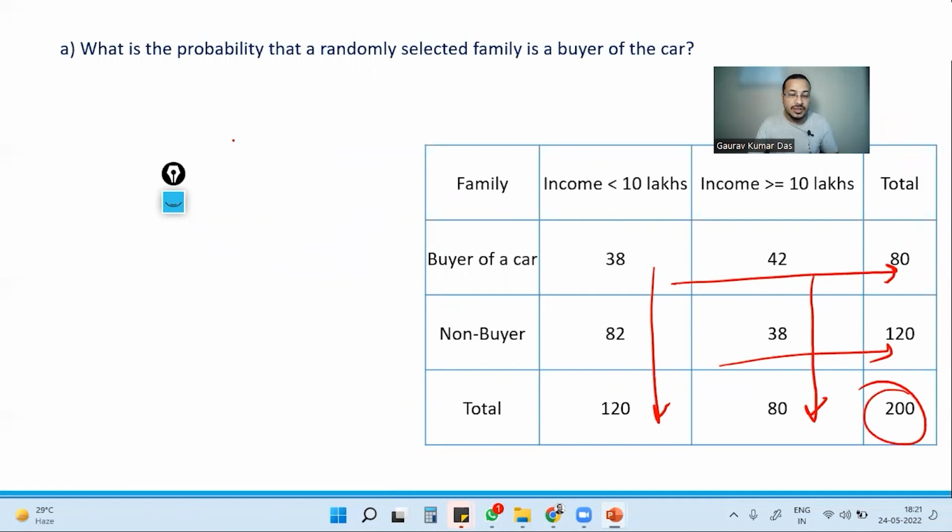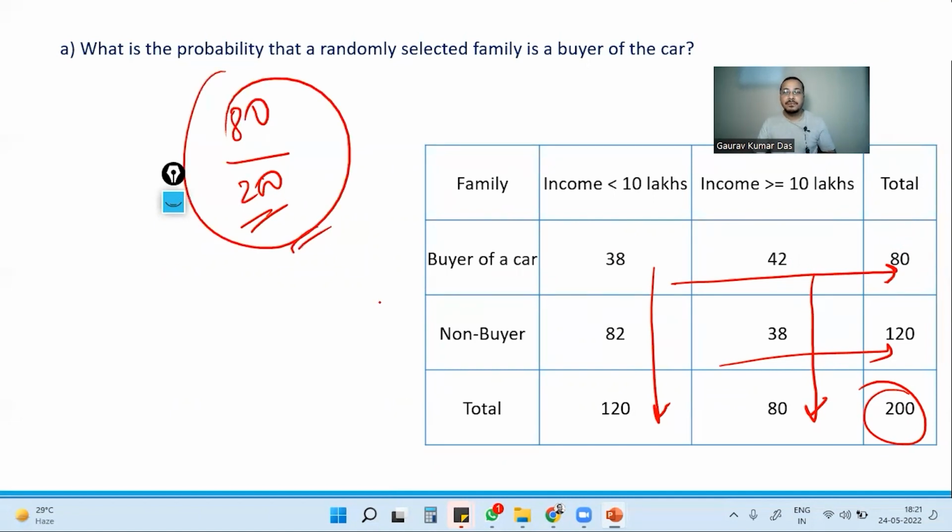Very simple. Out of 200 total, the families who are buyers of a car are 80. So the probability will be 80 by 200. Because it has only one restriction. What is the restriction? Buyer of a car. Whether the income is less than or greater than 10 lakhs has not been mentioned in the question.